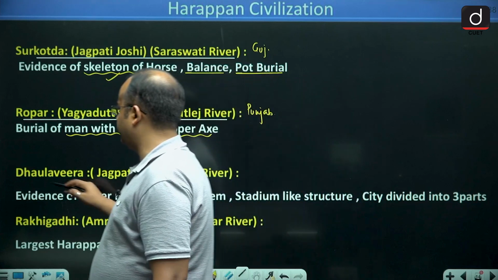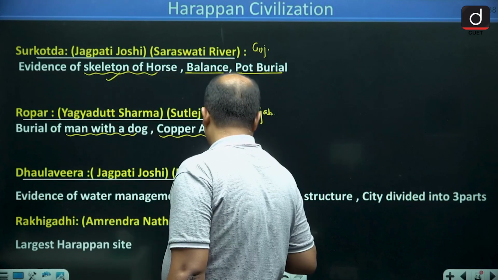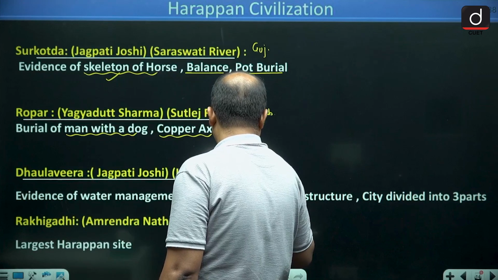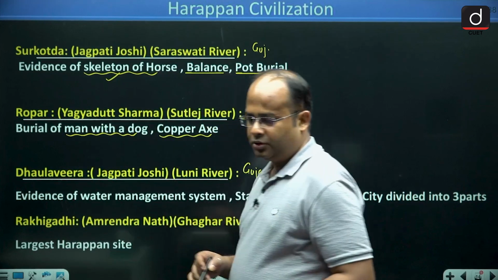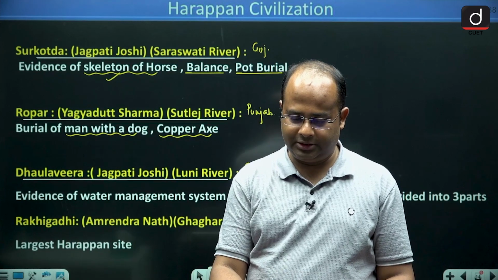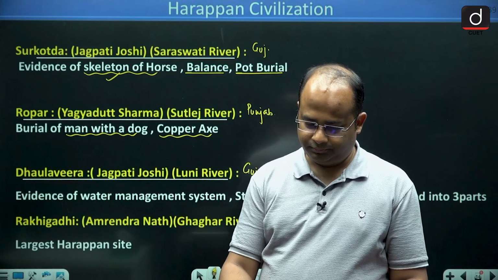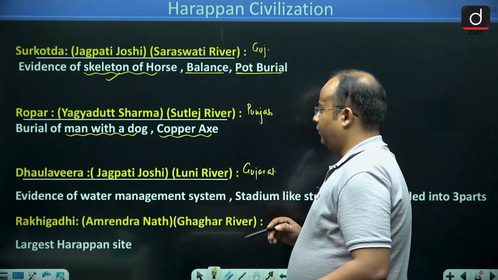Next is Dholavira. Dholavira was discovered by Jagpati Joshi on the bank of river Luni, and it is again in Gujarat. And what we have found?